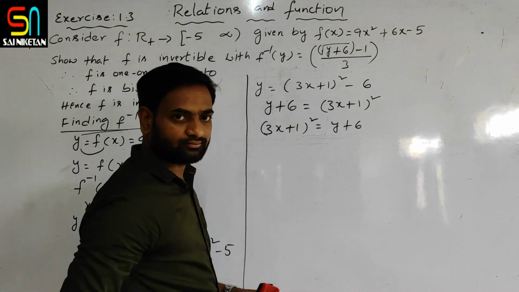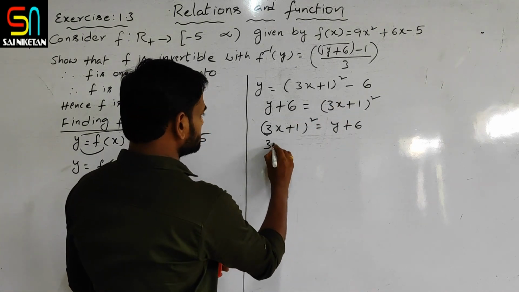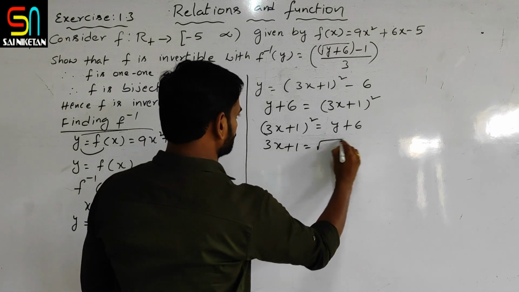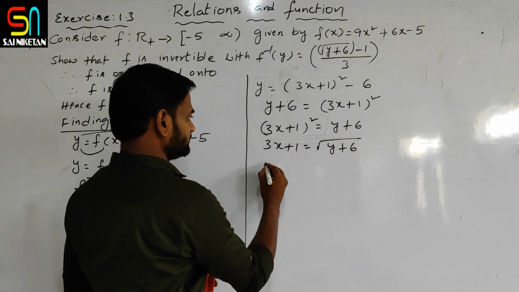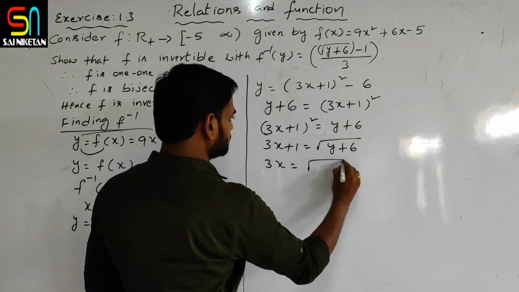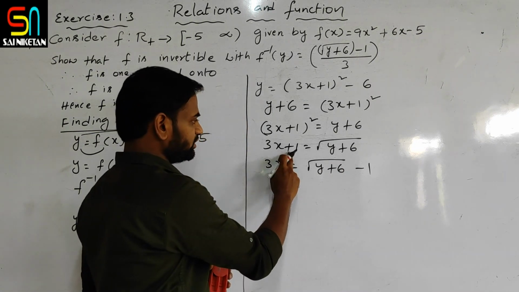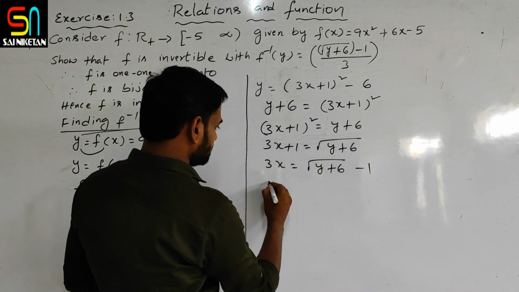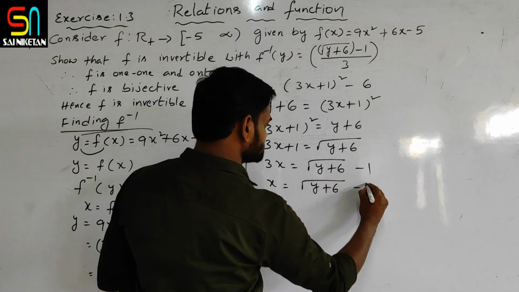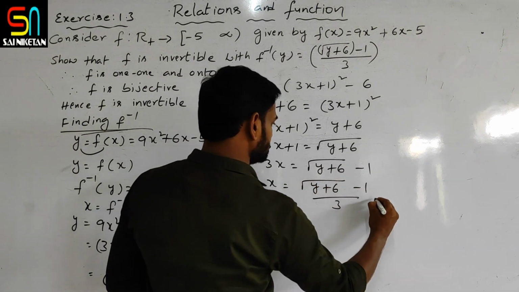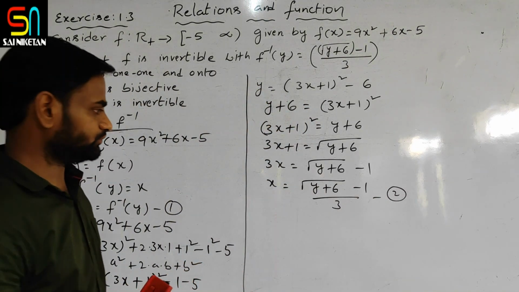Remove the square, then it will be root. That is 3x plus 1 is equal to root of y plus 6. Send 1 to the other side. That is 3x equal to root of y plus 6 minus 1. Next, x equal to root of y plus 6 minus 1 by 3. So it is equation 2.